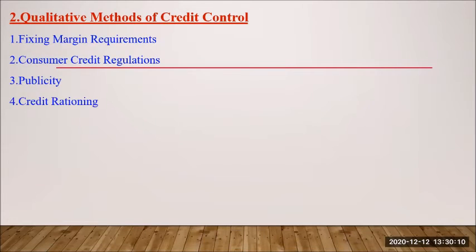Fourth one, credit rationing. Credit rationing means the RBI will fix the credit amount to be granted. So RBI will fix the amount of credit to be granted to a particular commercial bank and to a particular sector. Here the upper limit of the credit can be fixed by the RBI and information will be sent to the commercial bank, and based on that the commercial bank will provide credit facilities to the customers.